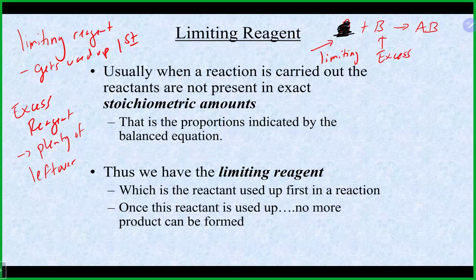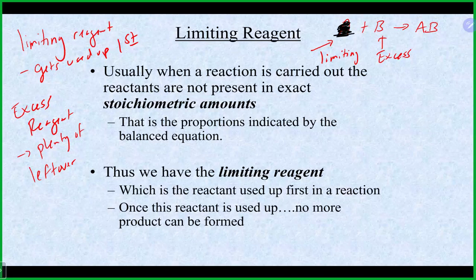And that's a really important aspect of this, because if I need to make my product in this very simple reaction where I need one A and one B to come together, and I no longer have A, then there is no possible way you can make any more product.